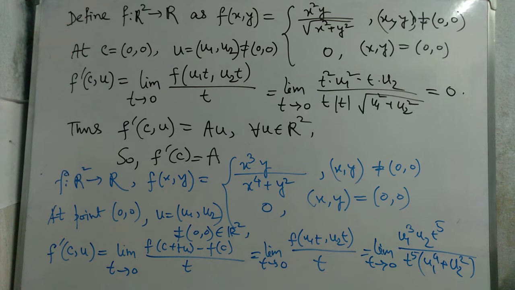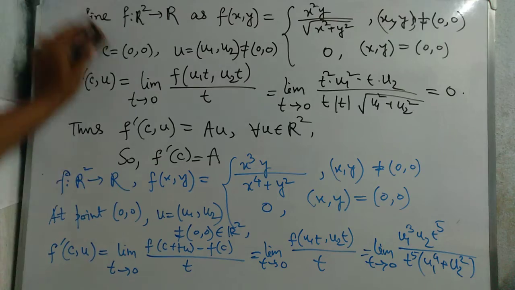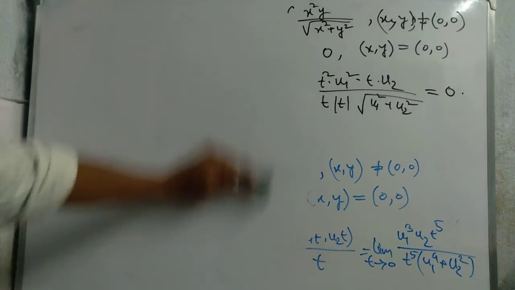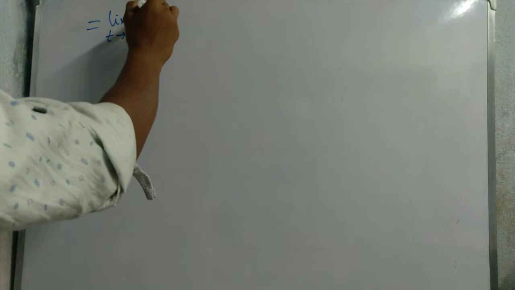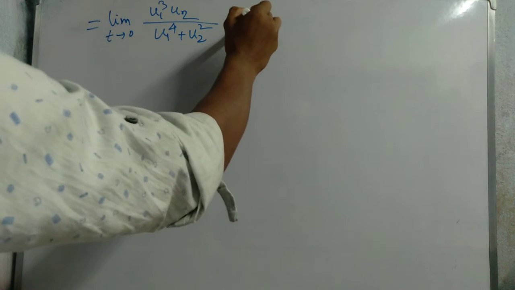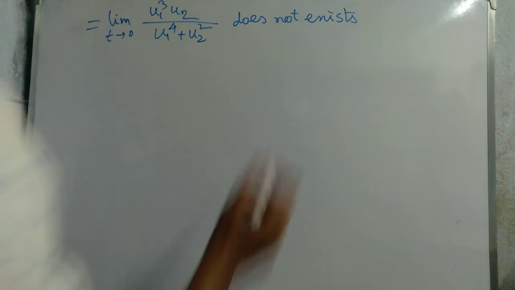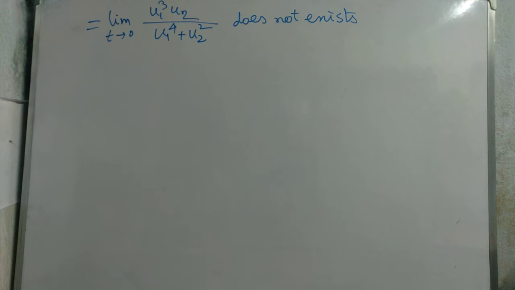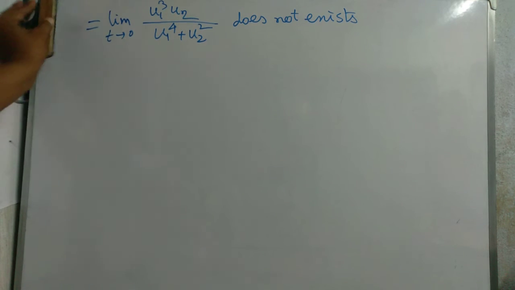Then this one equals, we erase our portion, the limit as t tends to 0 of u1 cube u2 divided by u1 to the power 4 plus u2 squared, and this does not exist. Okay, so next we go to another example.